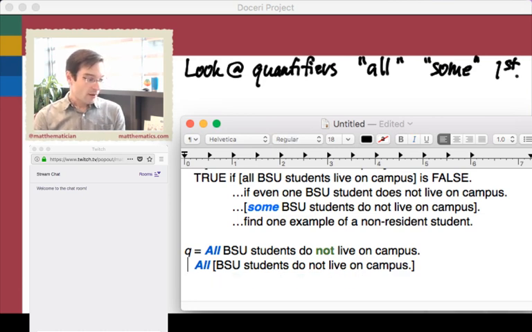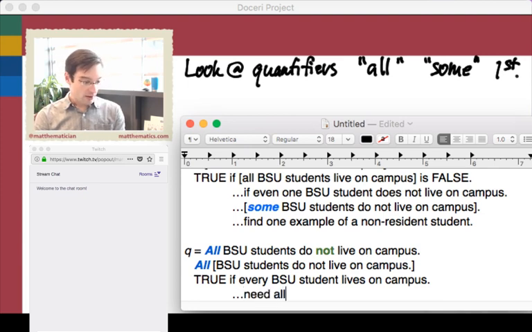Okay. In order to meet the burden of proof for Q, we would have to show that every BSU student lives on campus, right? And that's a hard thing to prove, right?